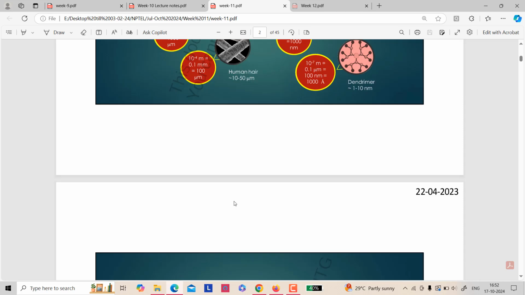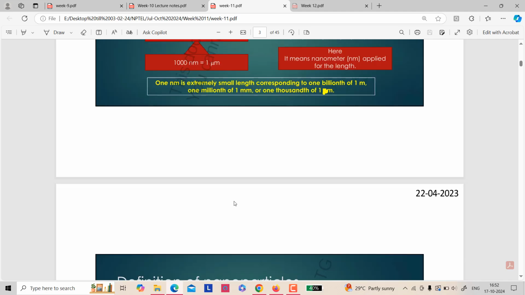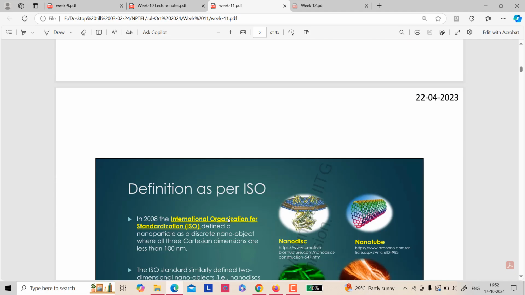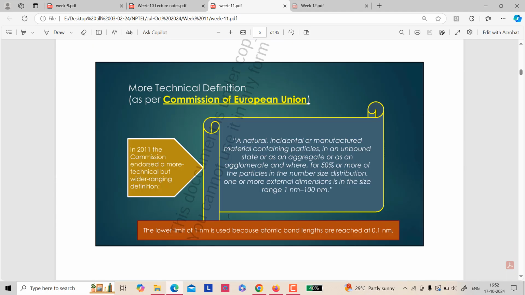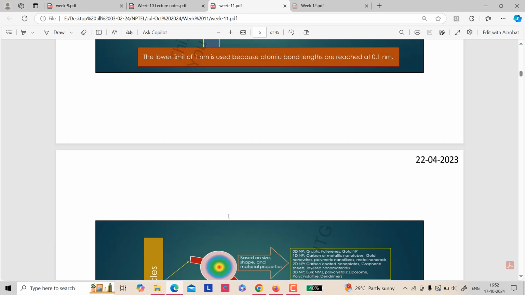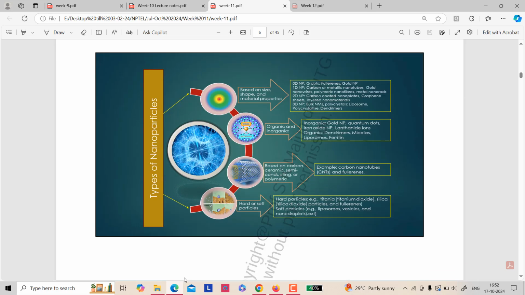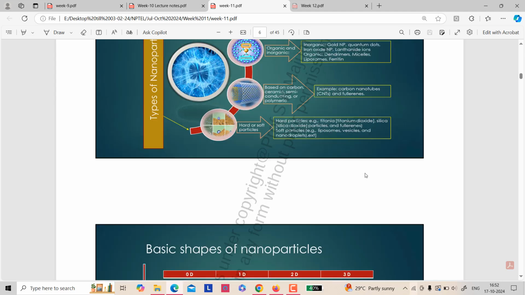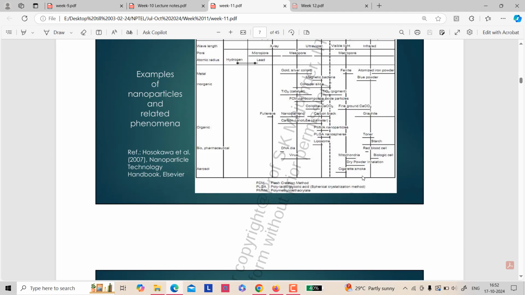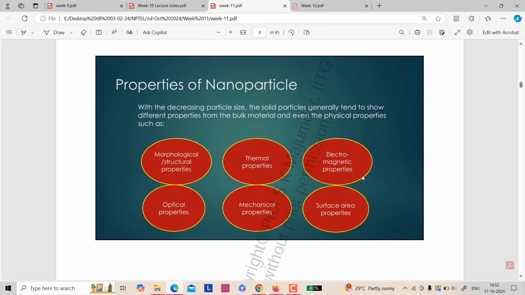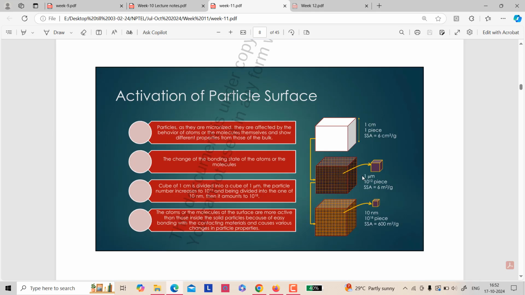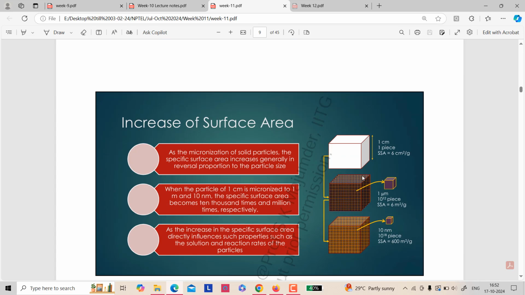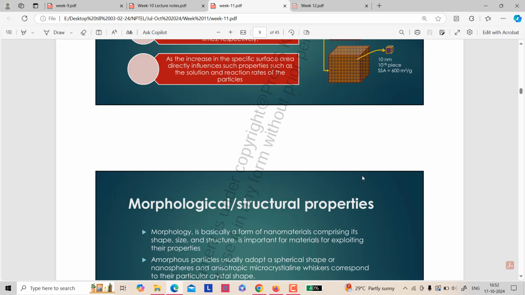This is nanoparticles or nanomaterials. What are the properties of nanomaterials? Activation of the particle surface, increased surface area.